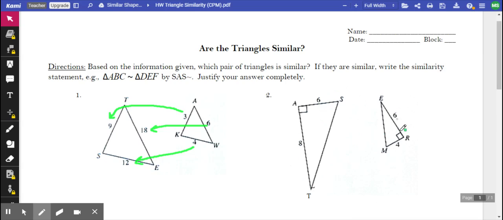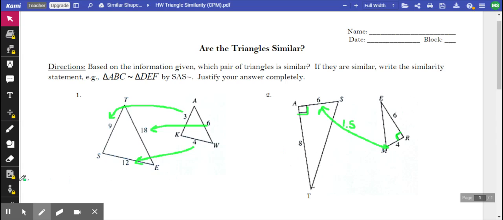So in this next pair of triangles, we have a 90-degree angle in both of these. So that's already a good instance that we can look for. Otherwise, if we're looking at the sizes of the shapes, from 4 to 6, that is multiplying by 1.5.